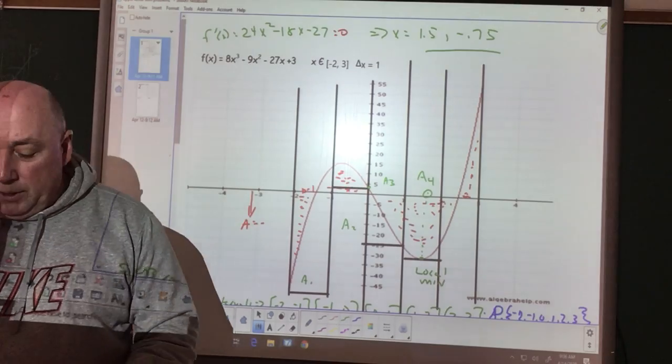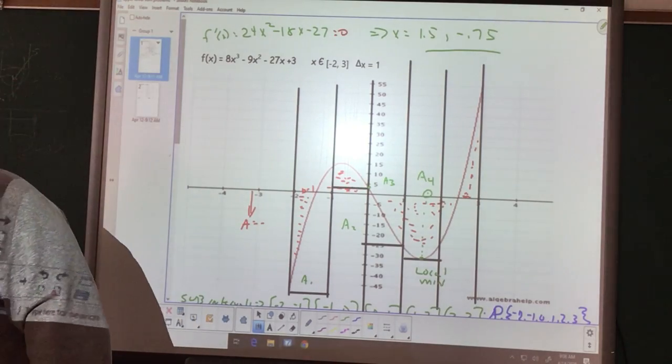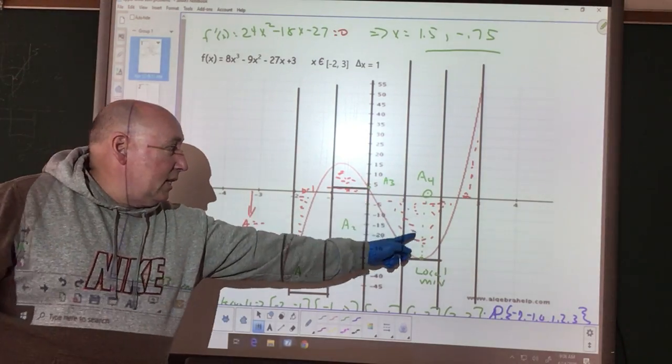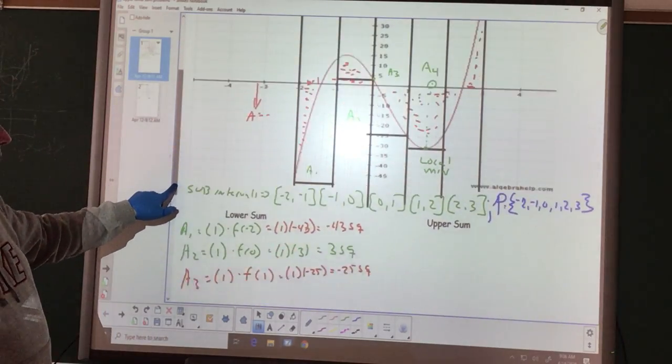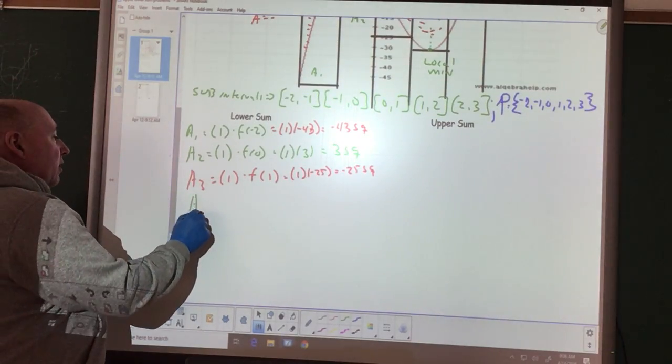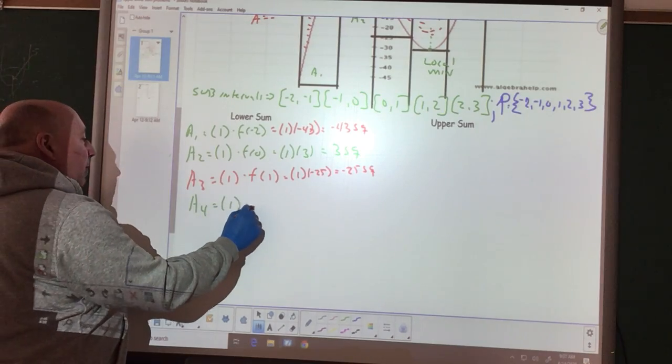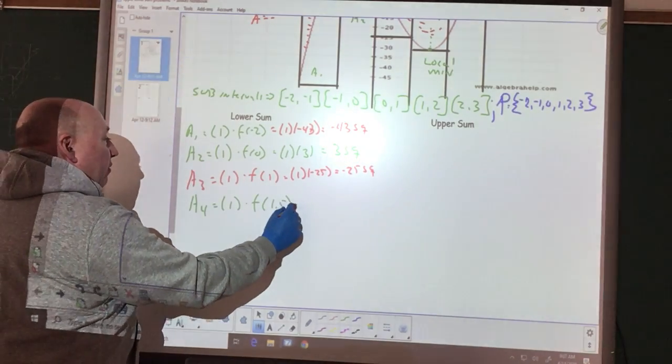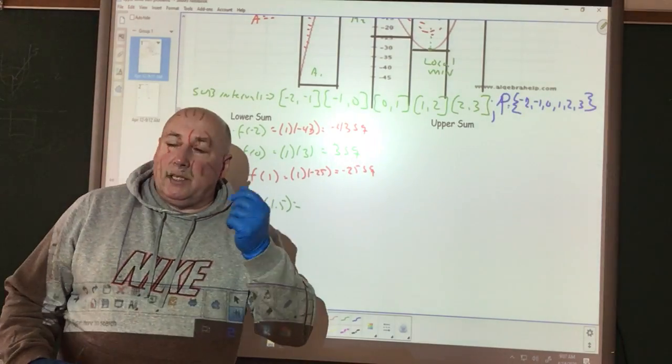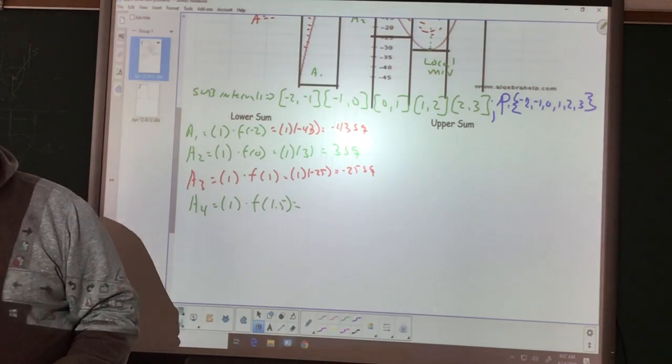Those are our critical points. Those are where our local maximum and minimum are going to be. So if I take a look, this will be at 1.5. So my A4 is the value of 1 times my function value of 1.5. And once again, if I'm going too fast, hit the pause button. You have a chance to shut me up.